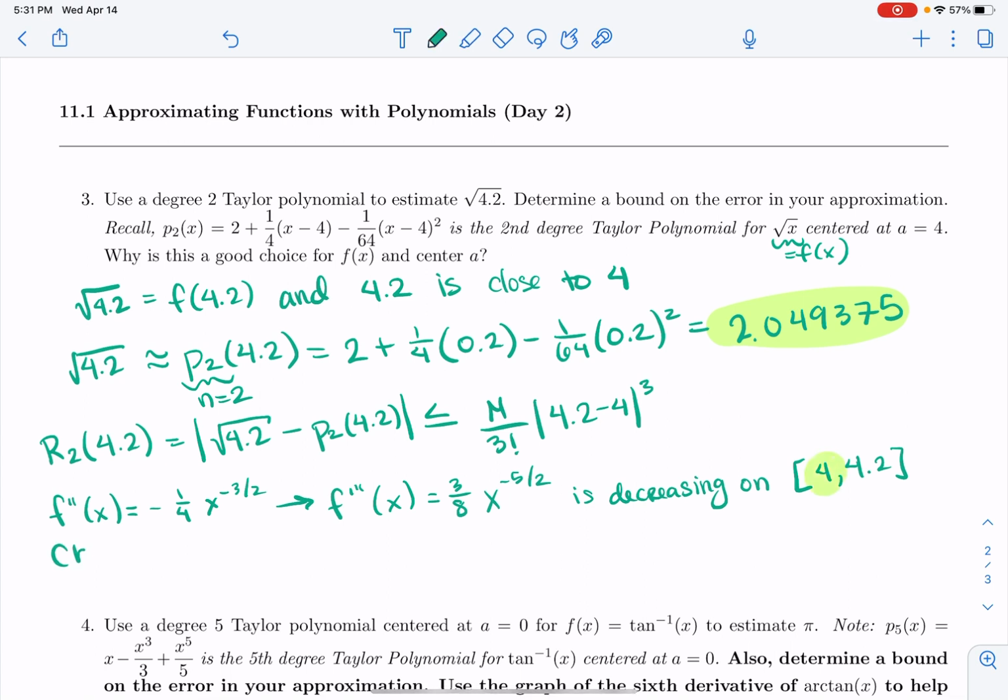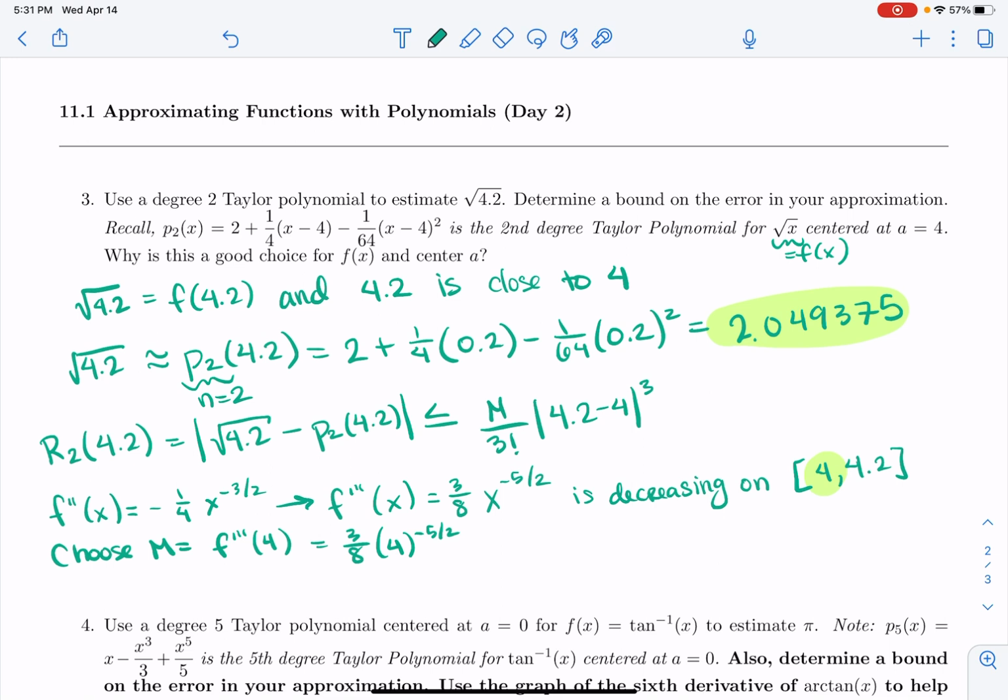So we choose M equals f triple prime of 4, which is equal to 3 over 8 times 4 to the minus 5/2. Do I actually want to calculate that? Not really. So I'm just going to leave it as that.